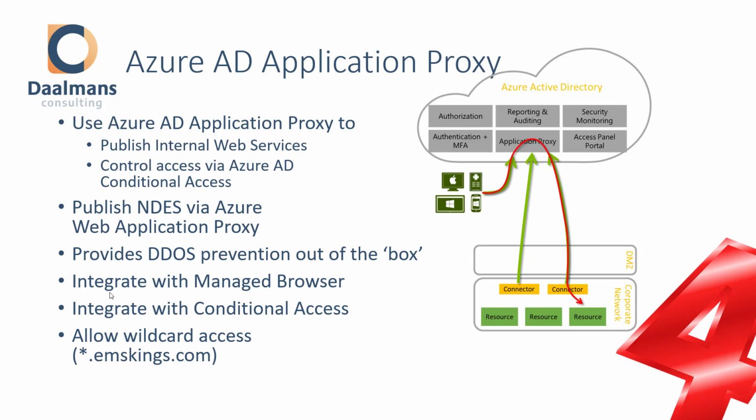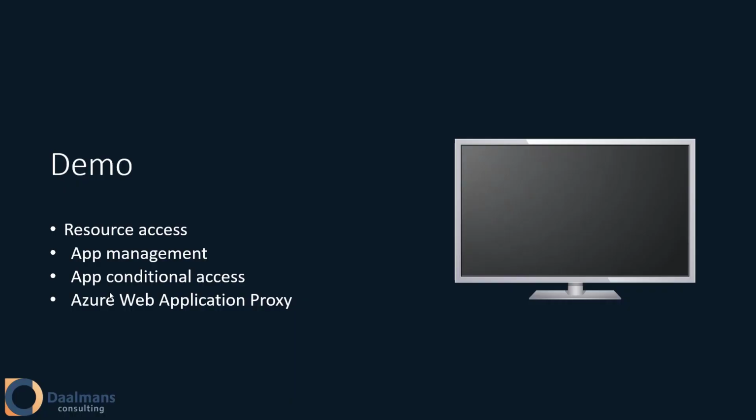You can add conditional access to your applications which are being used internally. It integrates with the managed browser and Edge, and you can allow wildcard access if you have a lot of internal websites built under one DNS name.